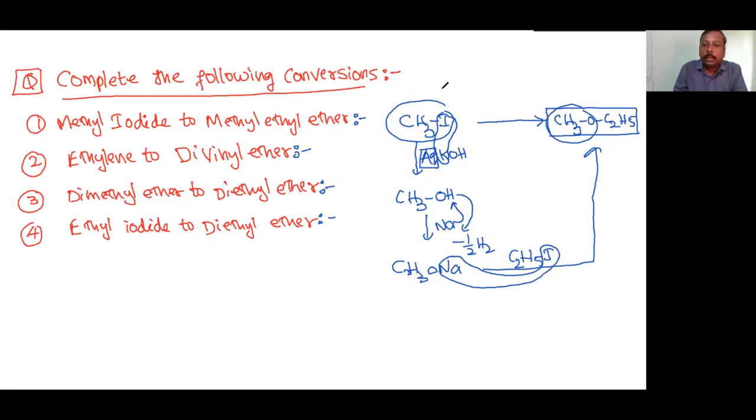Okay. Is it clear to all of you how to complete the following conversions? You may see in the books or notes, but how to approach that you will be clear only when you go through the video lectures. The chemistry problem is that you will feel that you understood from the books, but when you do other questions of the same format, you will not be able to solve.